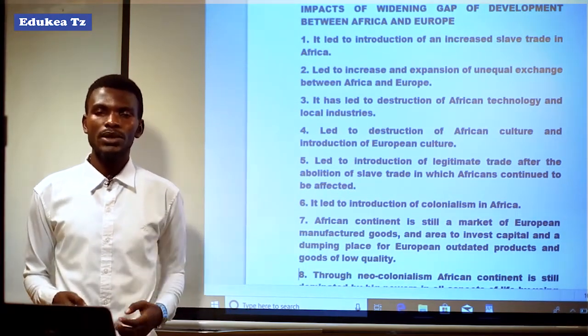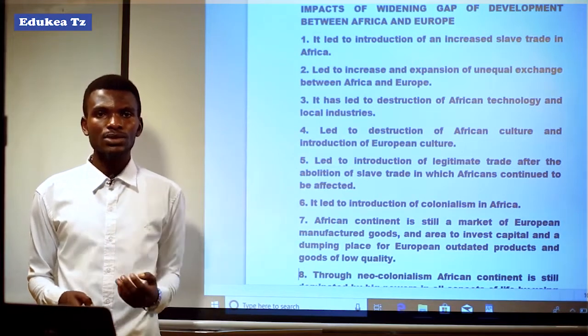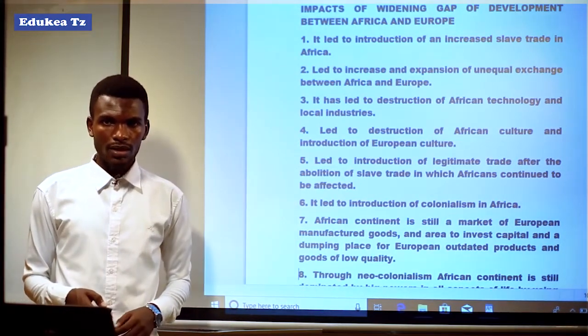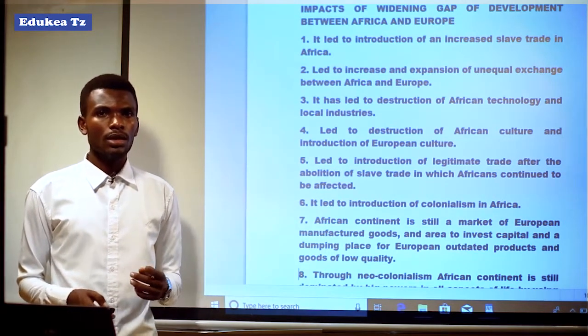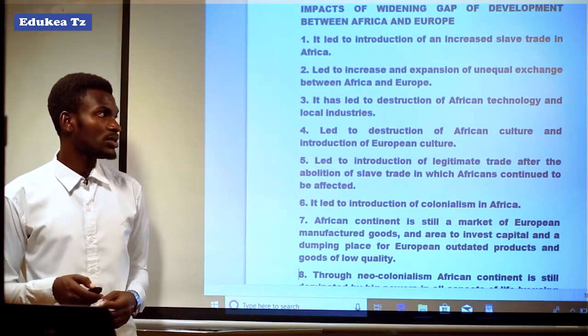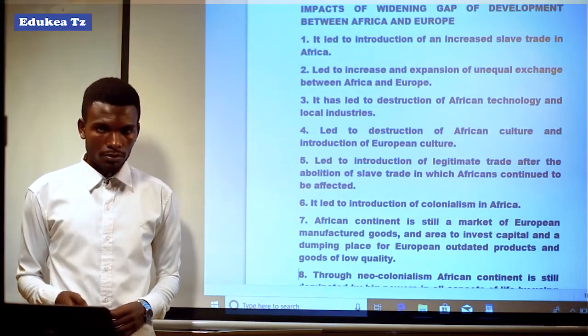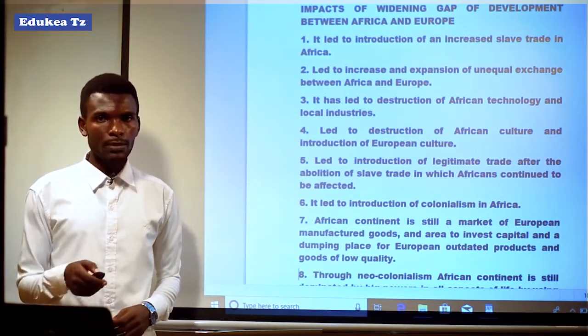remain underdeveloped. And there are countries in the Middle East or in Africa, the Arabic nations which are African in nature, like Libya, Morocco, Cameroon.